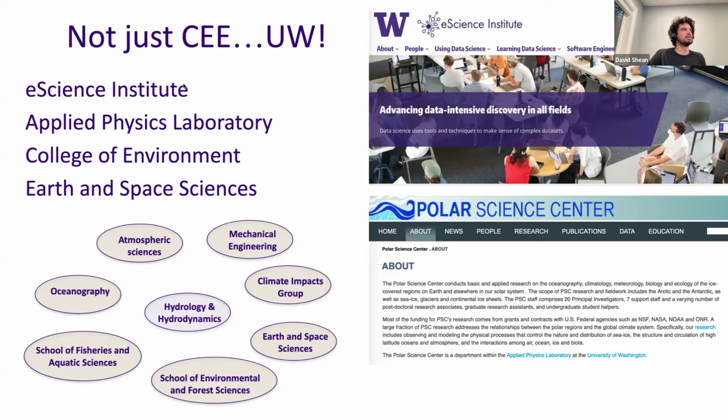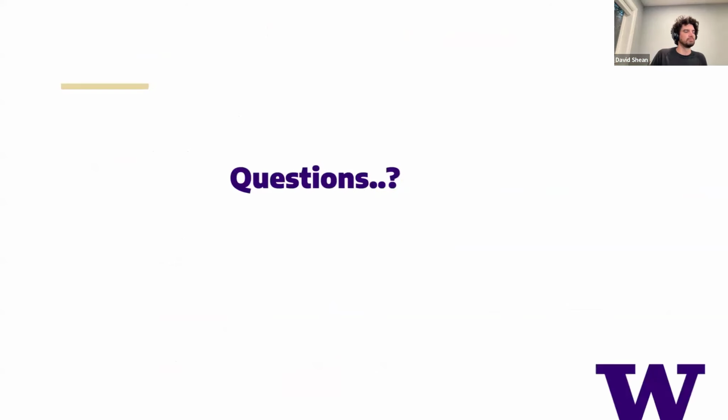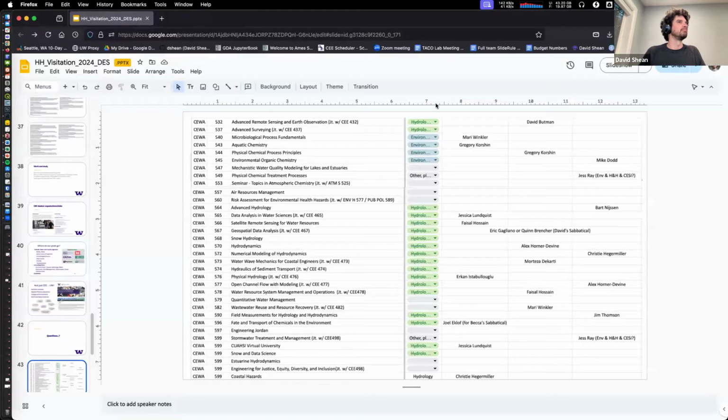And there's data science institutes, the Applied Physics Laboratory, other departments within the College of Engineering and College of Environment. So you're exposed to a lot of really amazing opportunities here. So that's all I've got. Thanks for listening. And let me stop sharing my screen.